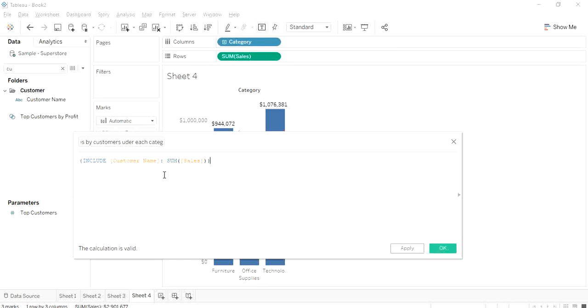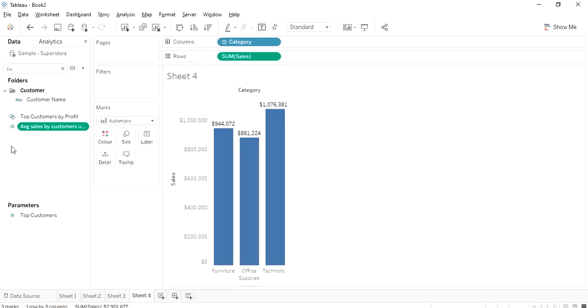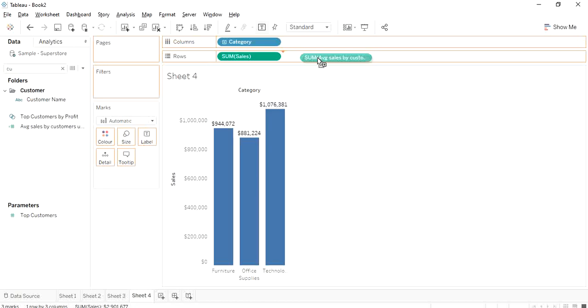Include means that with the existing dimensions, just take this also. And what is this? Customer name. And then you are saying aggregate the sum of sales. Now in this case, I will not get all of the customers.